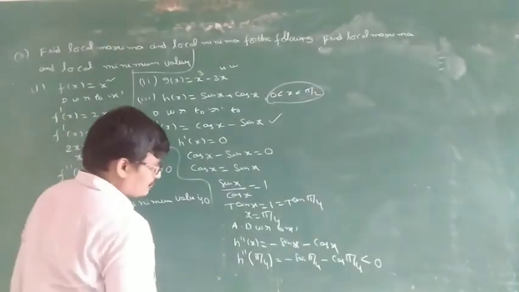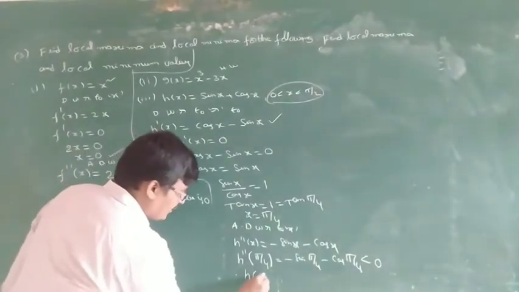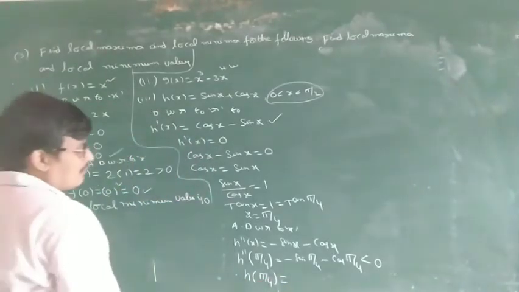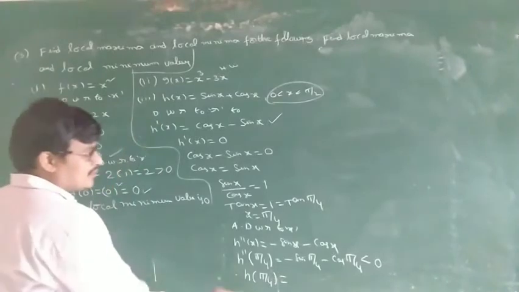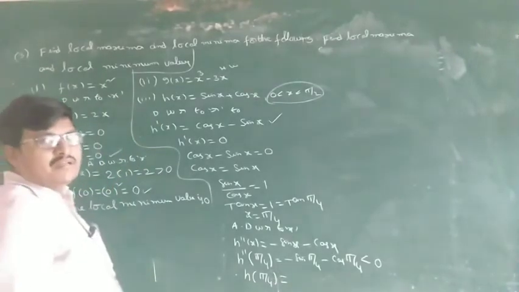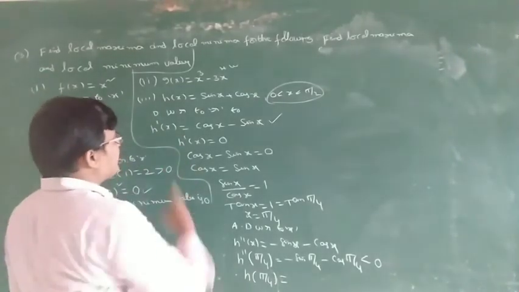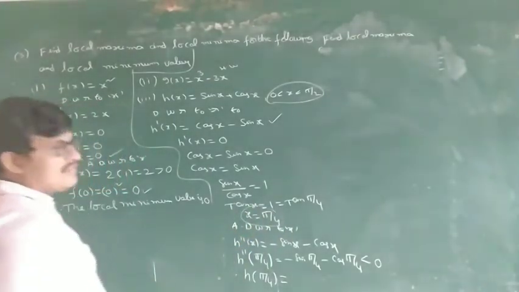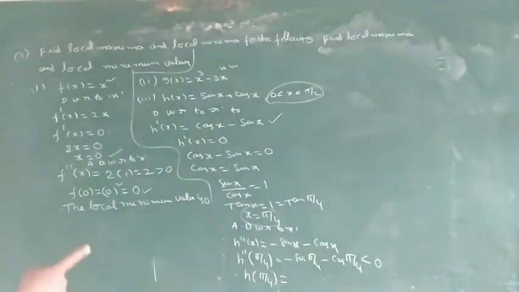So h of pi by 4 is what we have to find: the maximum value, h of c. What is c? This is c, the x value.